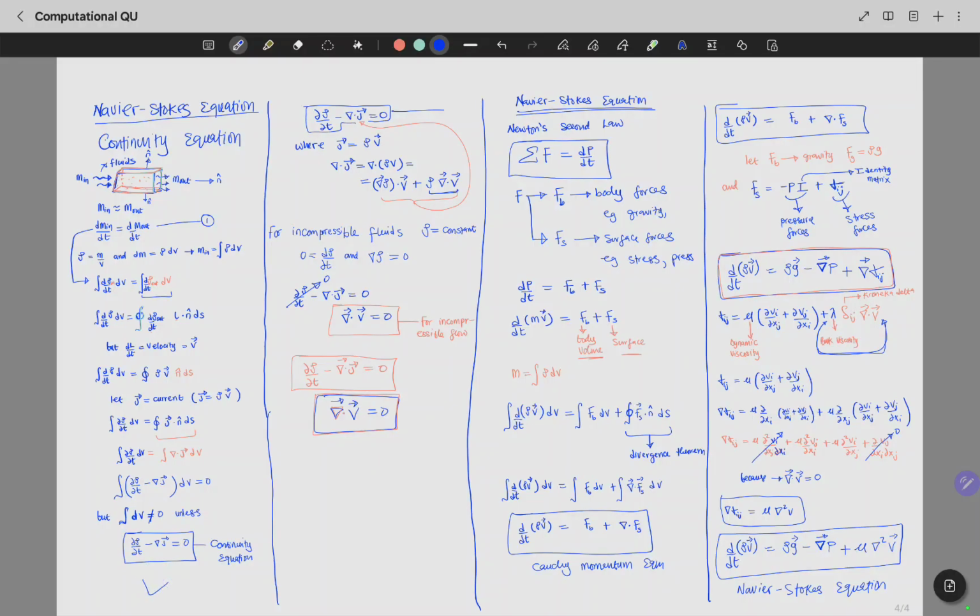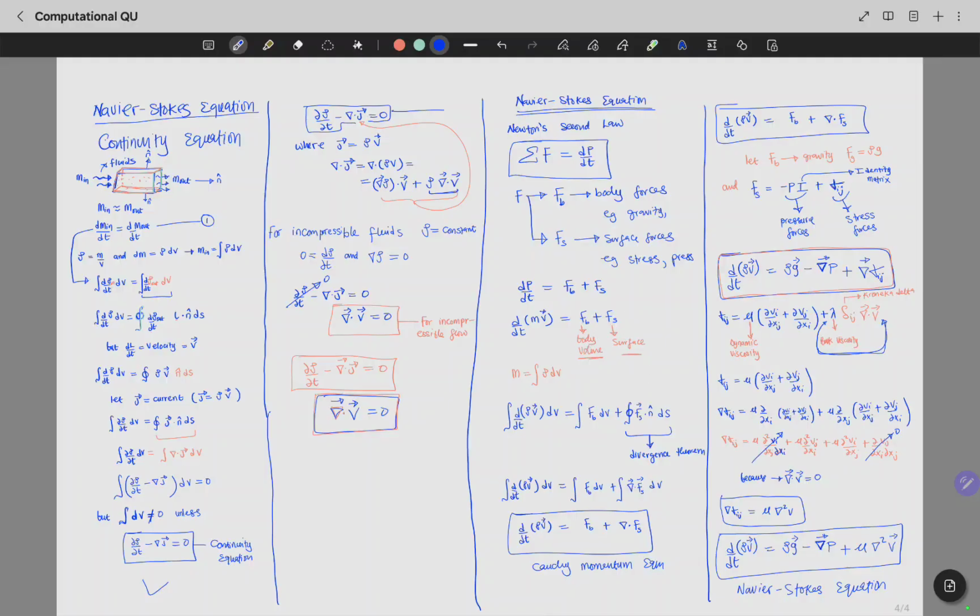So the continuity equation we got here is for the compressible fluid, and we switched on to Newton's second law, where we said that the total forces acting on the fluid is the reason why the fluid is going to have a change in momentum, and we express the change in momentum for a unit mass here. We integrate for the whole mass, and we realize we have two categories of forces: the body forces and the surface forces.